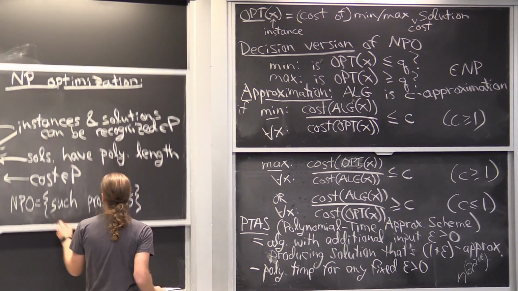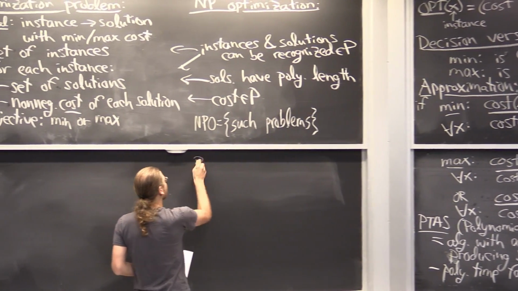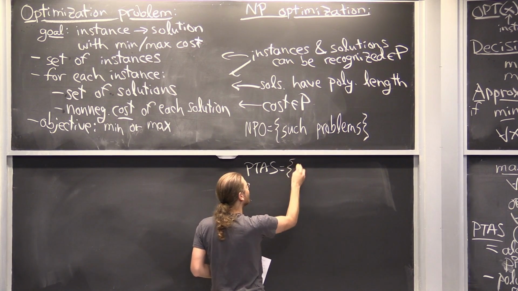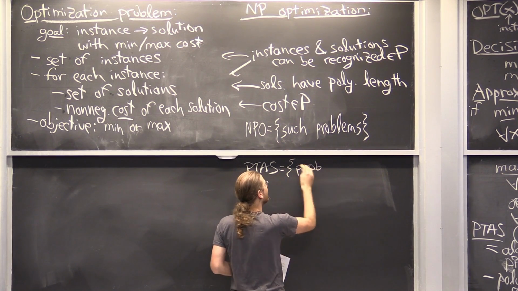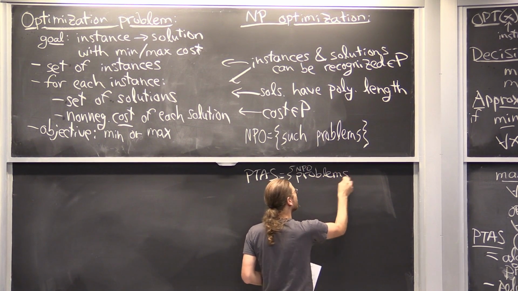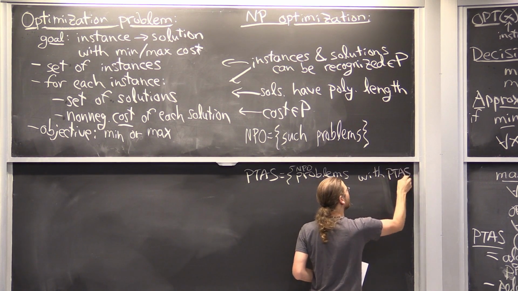Let me give you some more classes. So we defined NPO. There's the class PTAS, again, reuse of term, but this is all NPO problems with a PTAS algorithm.